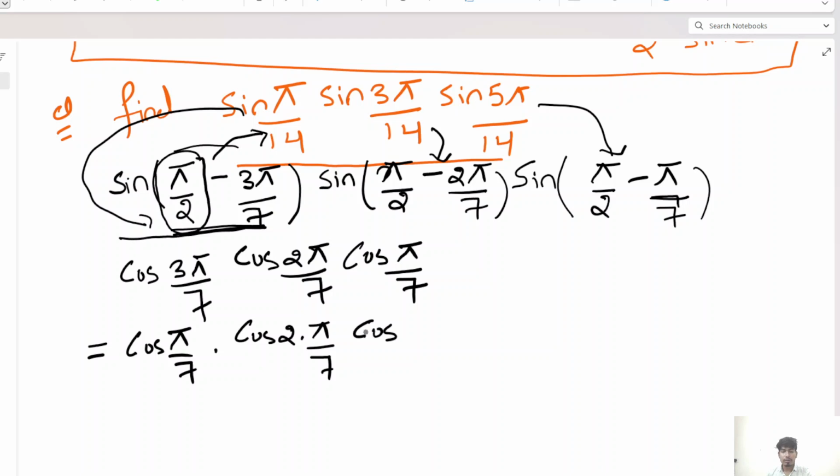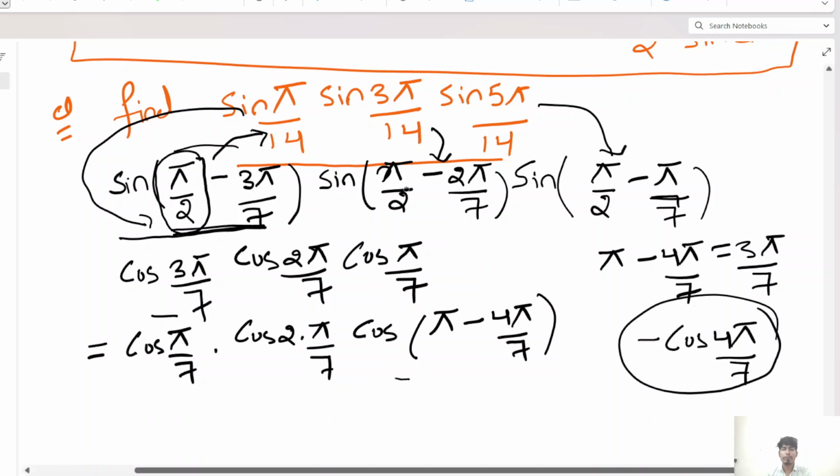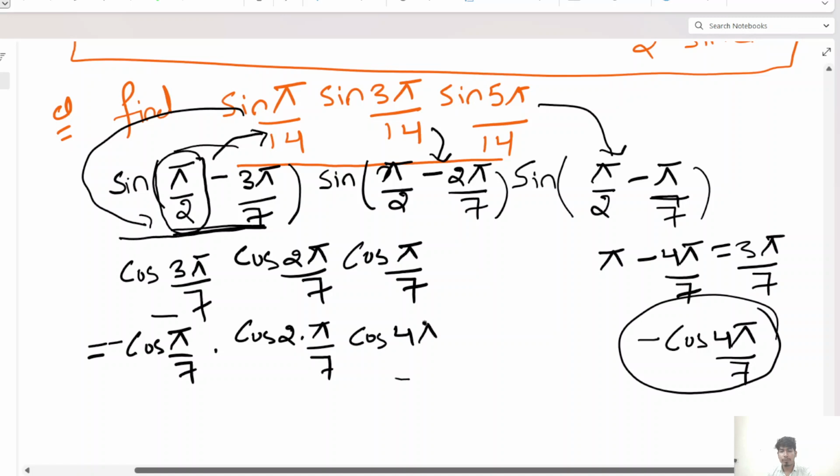Can we write 3 pi upon 7 as pi minus 4 pi upon 7? Then cos of pi minus 4 pi upon 7, and cos of pi minus theta is minus cos theta. So this value is minus cos 4 pi upon 7, and the minus sign comes outside.